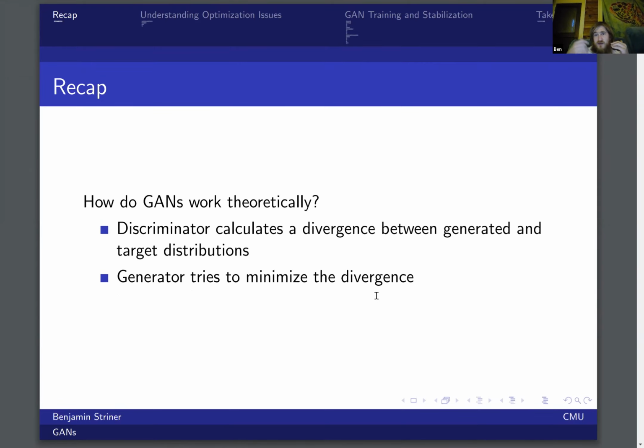They're calculating a Jensen-Shannon divergence. We mentioned briefly what that is, but basically you have a distribution trying to match the distribution that you're producing. Your discriminator is calculating what the divergence between the two of those things is, and then your generator is trying to minimize the divergence, and overall that means this distribution matches that distribution based on some metric that is this divergence that we're calculating with the discriminator.